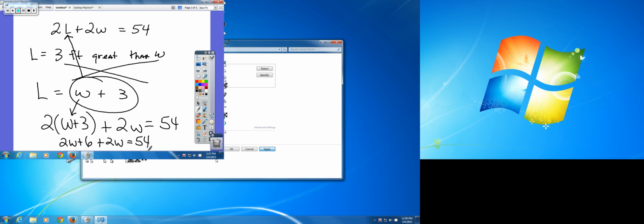And what's 2W plus 2W? 4W. And then 54 minus 6 is what? 48. So W is equal to 12. And if W is equal to 12, what is length? 15. So width is 12 and the length is 15.